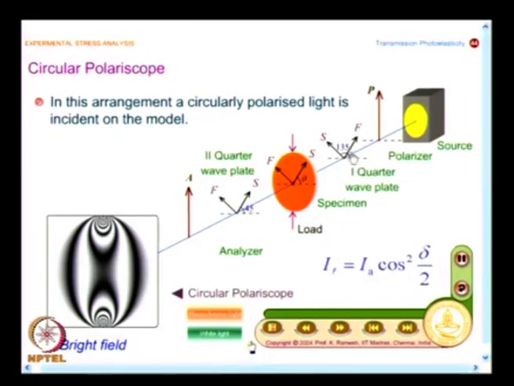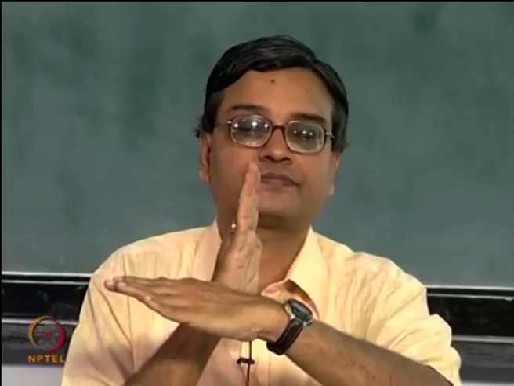I made a statement in conventional photoelasticity. What is important is the first quarter wave plate and second quarter wave plate need to be kept crossed. We are not really concerned about whether I had kept the slow axis at 135 degrees or at 45 degrees for the first quarter wave plate.